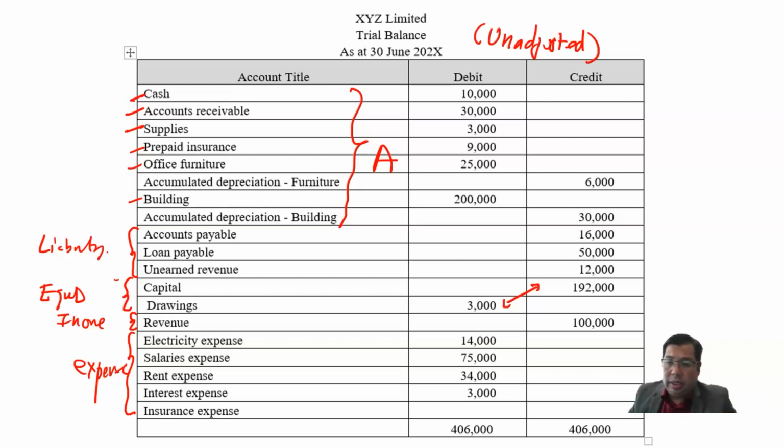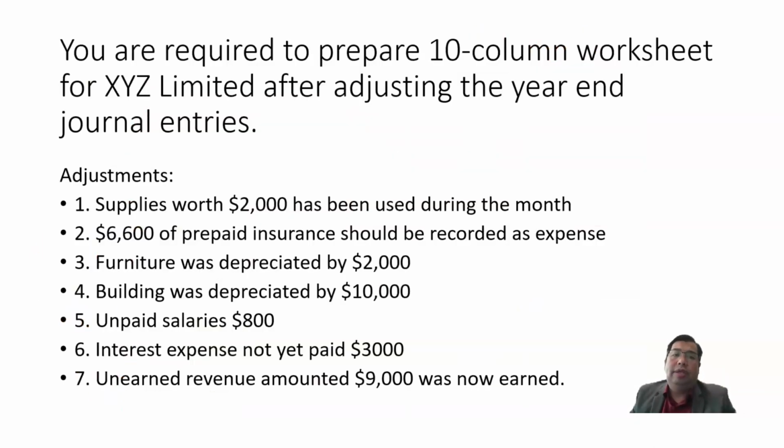So in the questions, normally you will be given a few adjustments. For example, in this question, you are required to prepare a 10 column worksheet for XYZ Limited after adjusting the year-end journal entries. So you have here 7 adjustments: supplies, prepaid insurance, depreciation for furniture, unpaid salary, interest expense, unearned revenue.